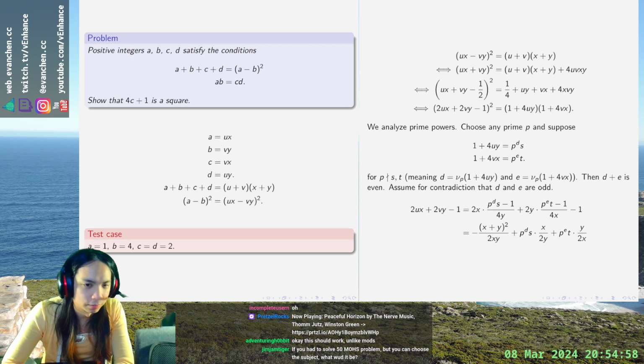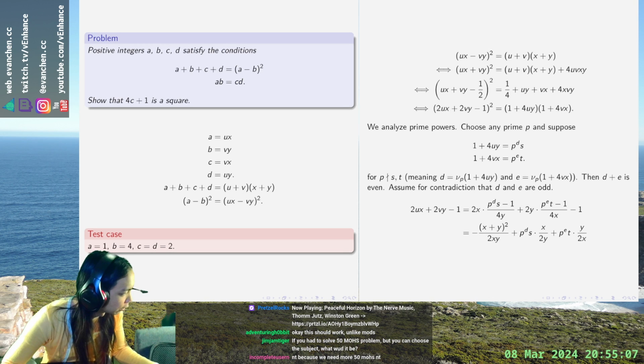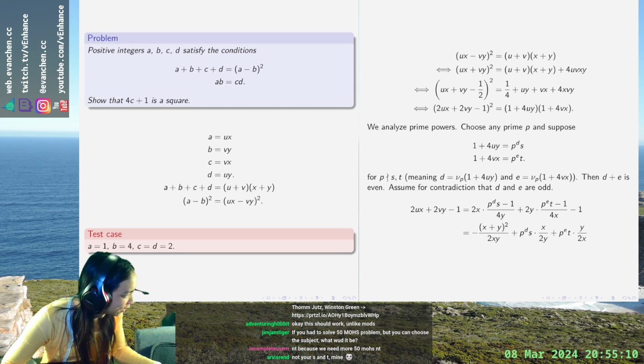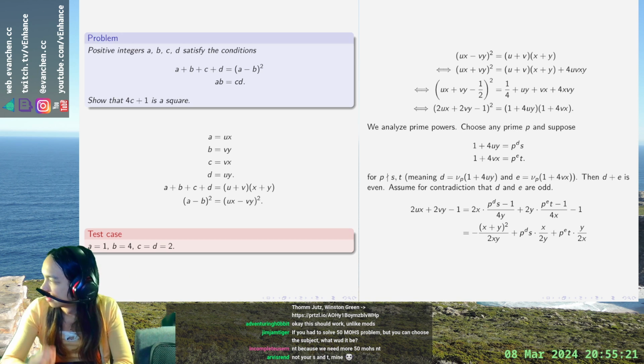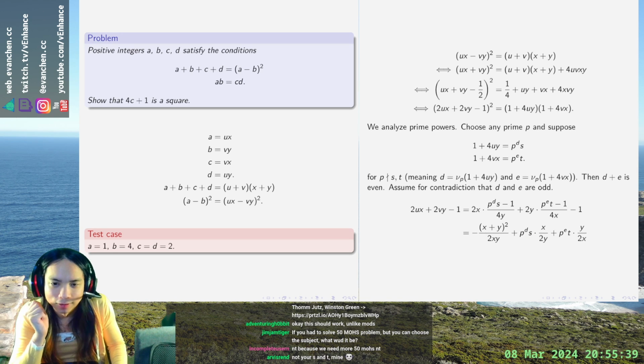S and T aren't necessarily squares. Wait, oh, this is something else now. What just happened? This actually looks pretty bad. So odd, in particular non-zero.